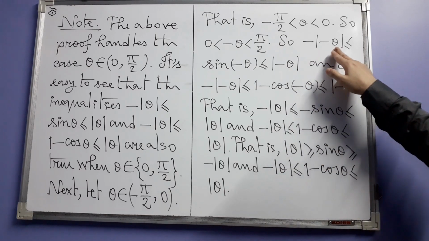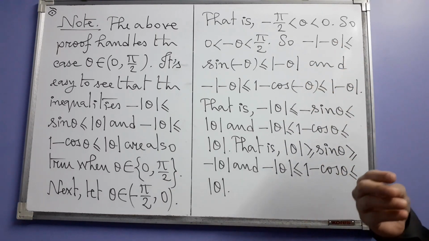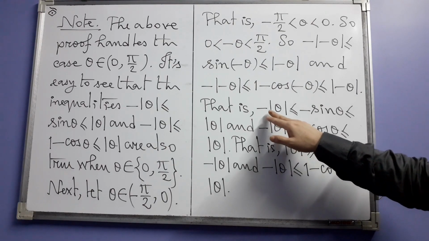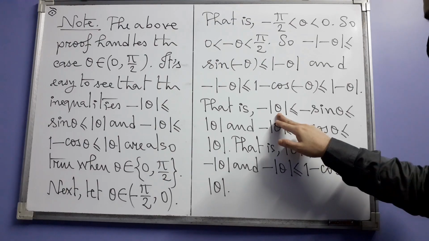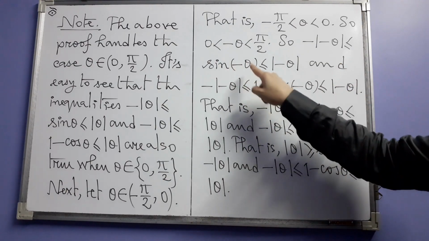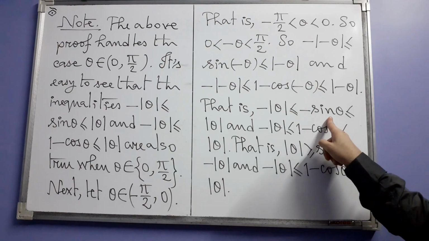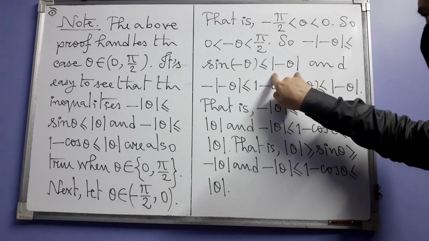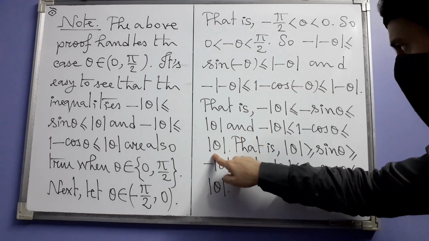Now the minuses inside modulus simply vanish because it's absolute value. So you get minus mod theta less than or equal to sine minus theta, but sine minus theta is minus sine theta, which is less than or equal to, where is it? This, which is mod theta here.